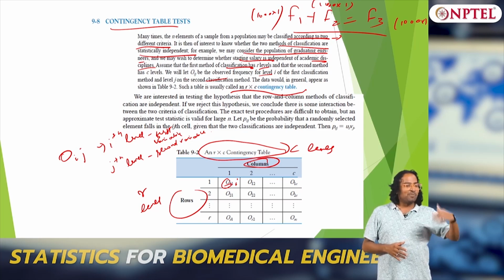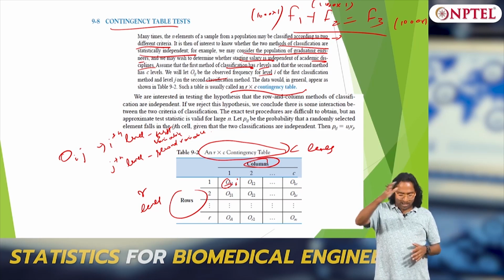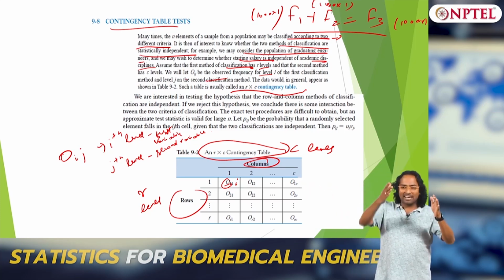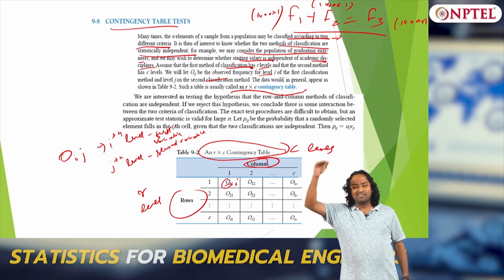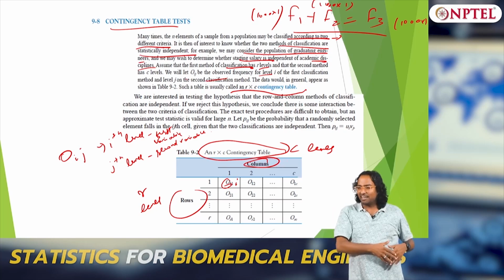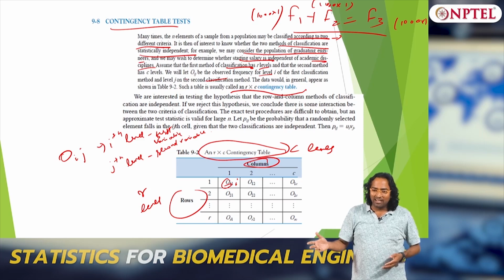So computer science is the lowest and biomedical the highest, multiple levels. Then you have academic engineering discipline: biomedical, electrical, civil, mechanical, etc., and then salary range on the other axis. Then you want to see whether the salary is independent of the academic discipline.